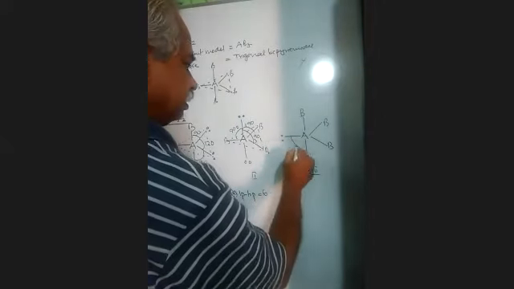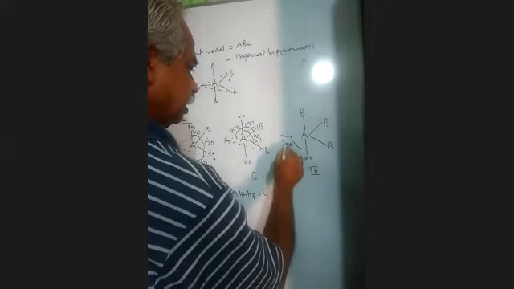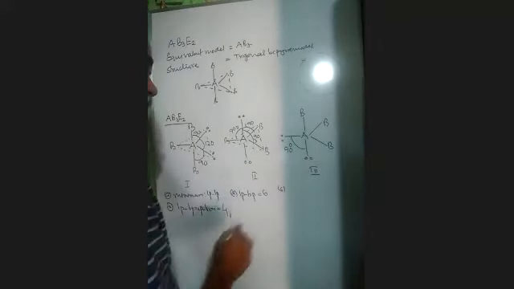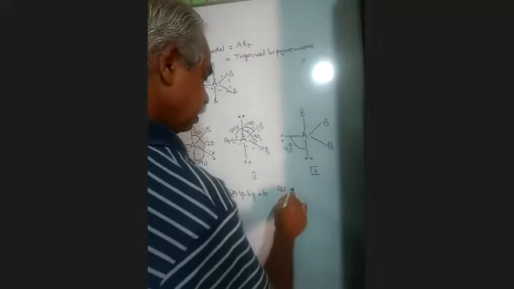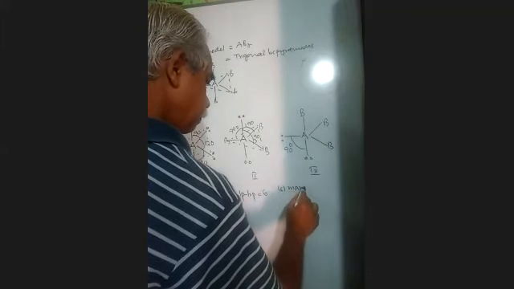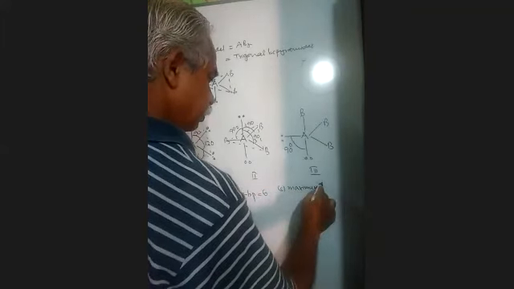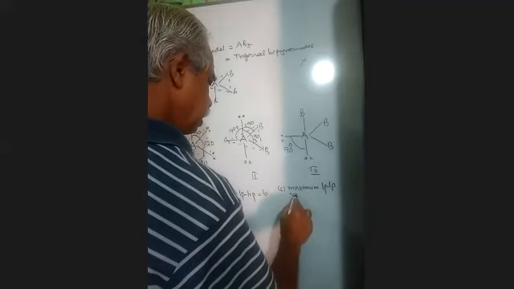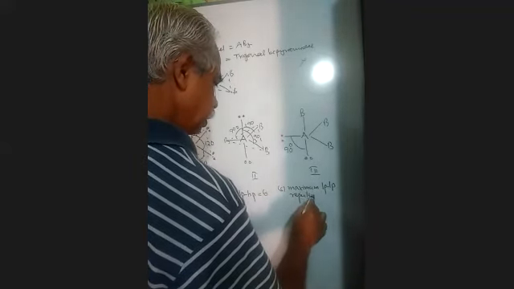Let us come here. In C, what you will find? Here you will find a third structure, maximum lone pair repulsion.